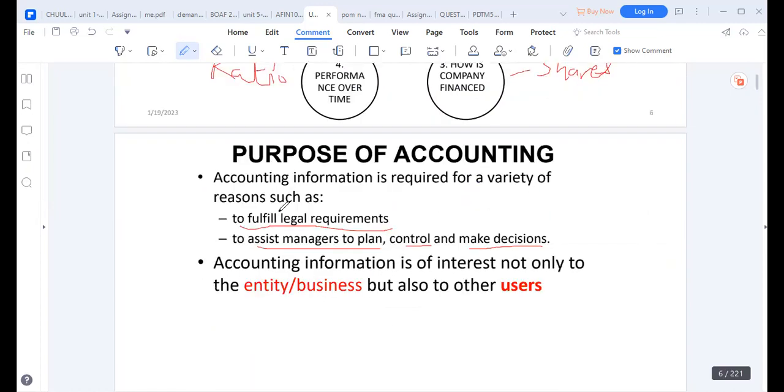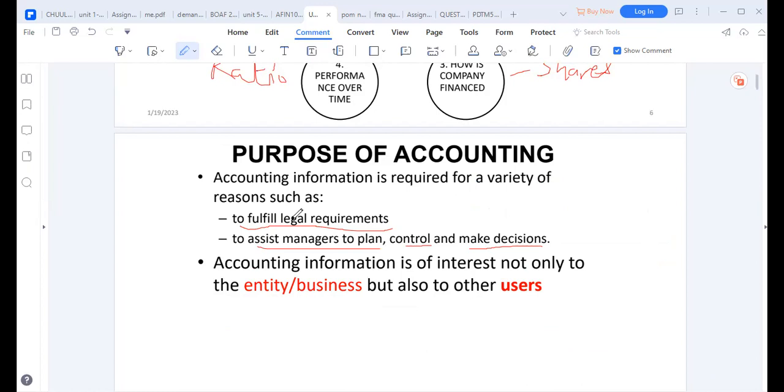Now, the purpose of financial accounting is required for a variety of reasons. Number one, it is just to fulfill the legal requirements. These legal requirements are set up in every country, in every jurisdiction, so that people could know whether you are making an account of the resources of that particular nation in a manner that will benefit the nation at large.